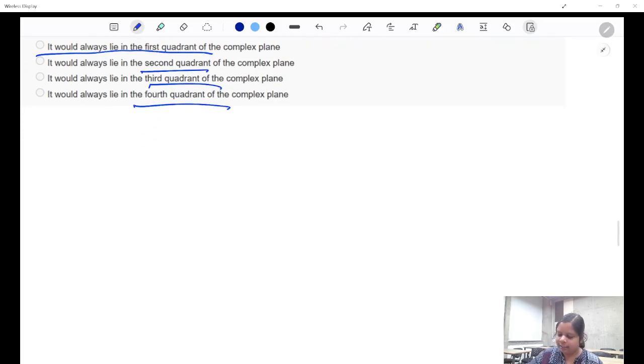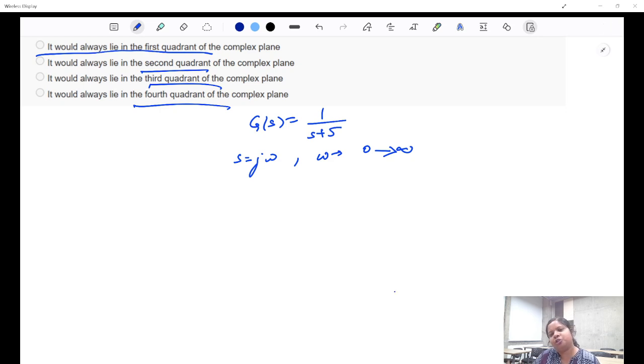So let's start. Our transfer function is 1 upon s plus 5, and here s is j omega, and omega is being varied from 0 to infinity. So we have to substitute j omega. G of j omega is equal to 1 upon j omega plus 5.